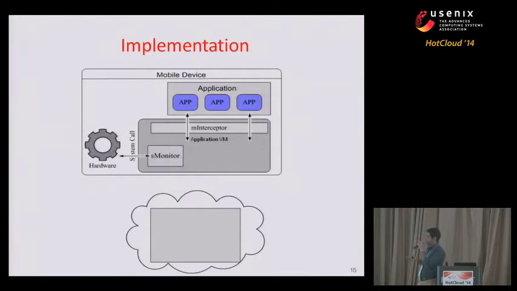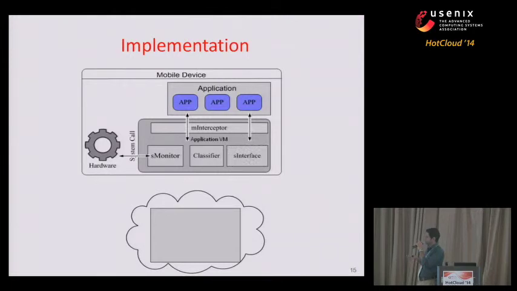We also monitor the bandwidth and latency between the mobile device and the server, how the server is loaded, meaning its available memory and CPU, and the size of the method parameters, the input size for the particular method. Based on that, we make the offloading decision. If the result is to do the job locally, then we do nothing and just let the application follow its normal way of execution.